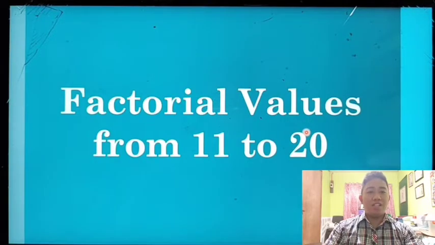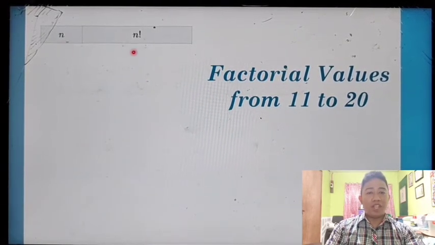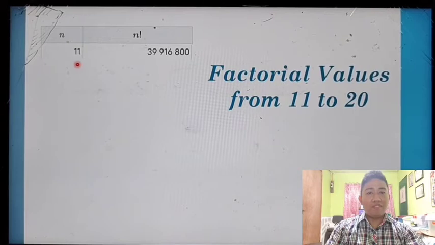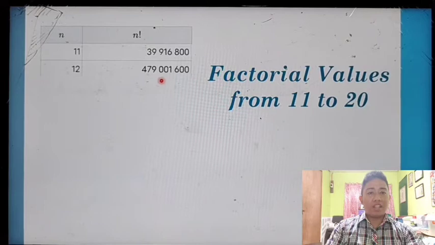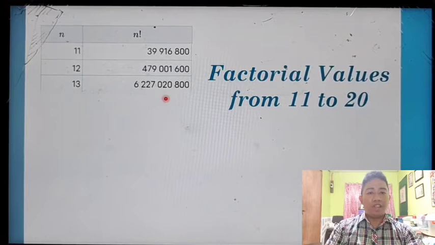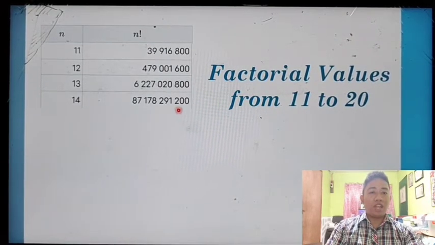Okay, my dear friends and students, let us discuss some factorial numbers higher than 10. So 11 to 20, which are extremely large numbers. We have the columns of the natural numbers and their factorial values. The factorial of 11 is 39,916,800. 12 factorial is 479,001,600. 13 factorial is 6,227,020,800. 14 factorial is 87,178,291,200.